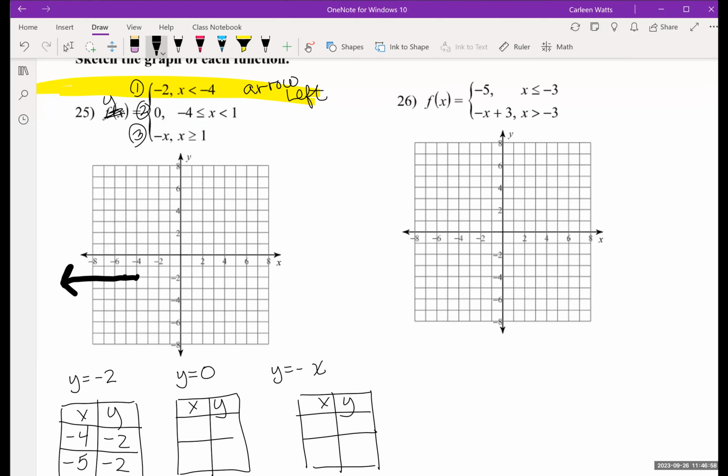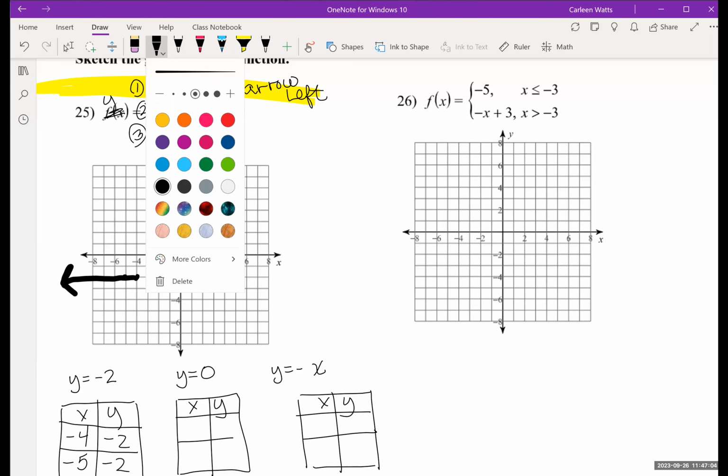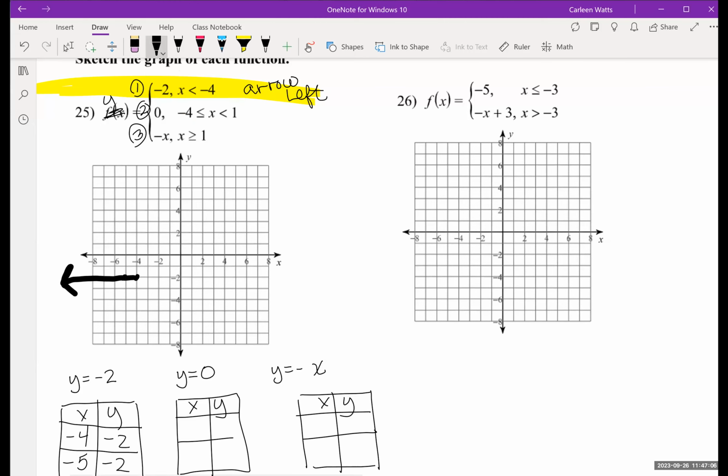Now, there's one more thing I have to fix. See how this is not equal to? I need to put an open circle there.